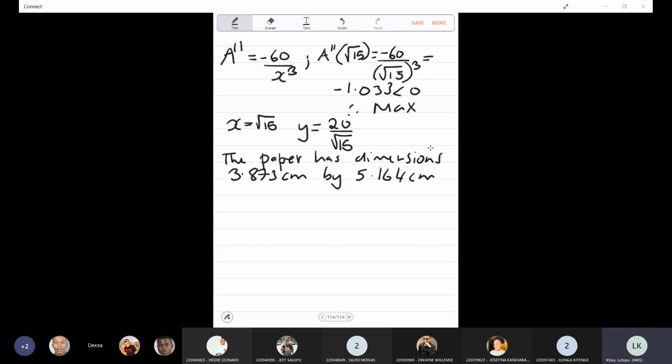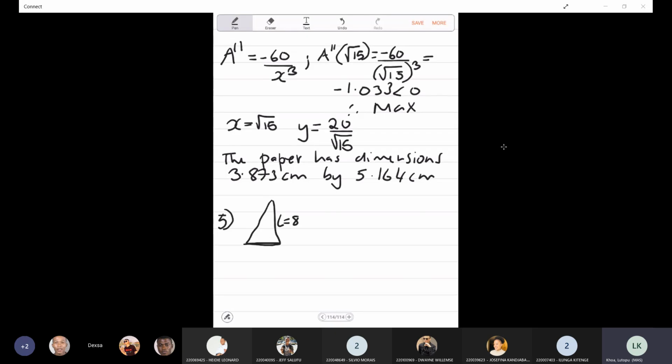Okay, number 5. We are told that the length of the slope of a right circular cone is 8 centimeters, and we need to calculate the perpendicular height of the cone for a maximum volume. So again, you draw your cone like that, and you are told that this L over here, the slant height, is equal to 8.